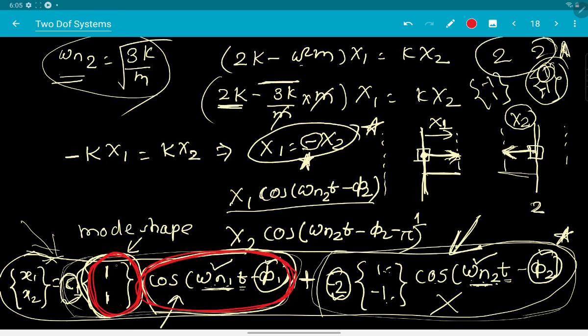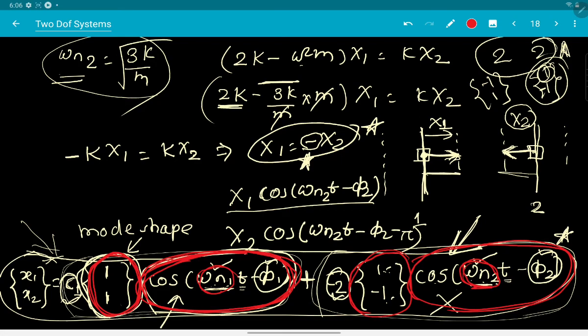This eigenvector will always be vibrating harmonically with this particular circular frequency. Whereas this second eigenvector has its corresponding time dependence, which is again harmonic because we have picked it to be harmonic, and the circular frequency of this is omega n2.